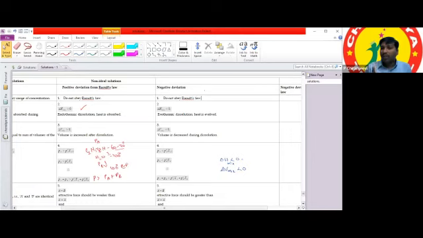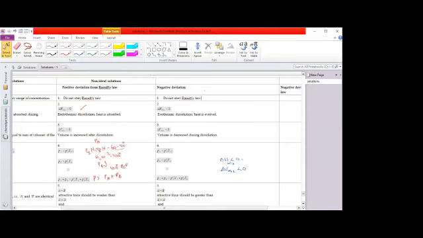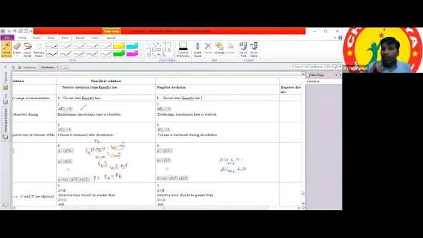Options: first, ideal solutions; second, positive deviation non-ideal solution; third, negative deviation non-ideal solution; option D, none of the above.